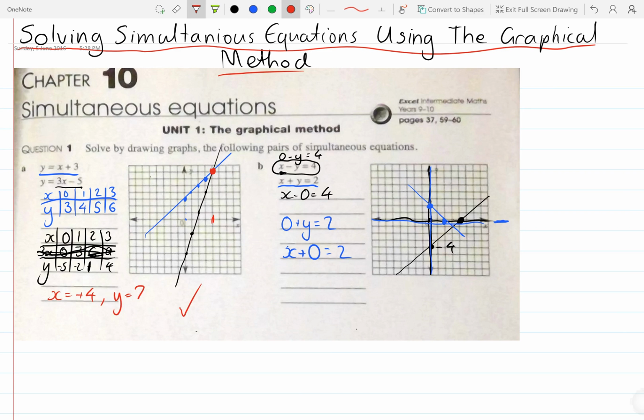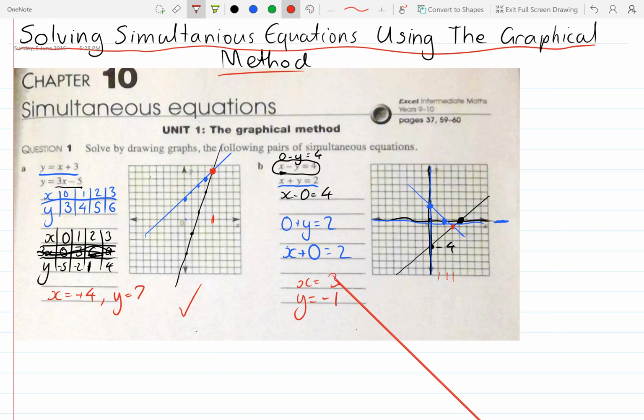Sorry, this is a little bit confusing with all the lines. And they cross at 1, 2, 3. So I did it down here because that's going to be easier. 1, 2, 3. Yes. So x equals 3.